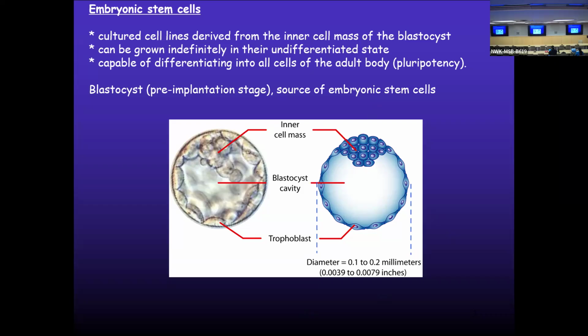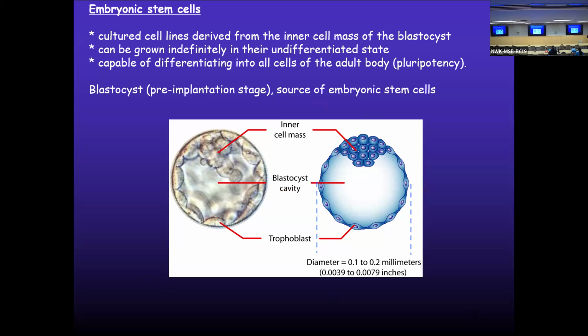And that's why the developmental biologists and the stem cell researchers have to come together to study, or we have to know developmental biology to be a good stem cell researcher.